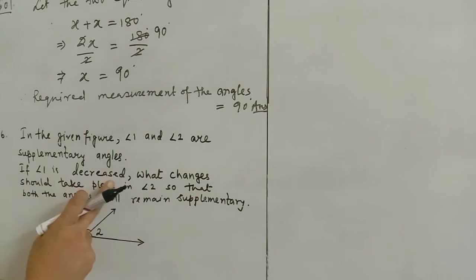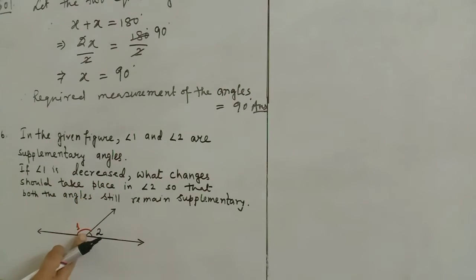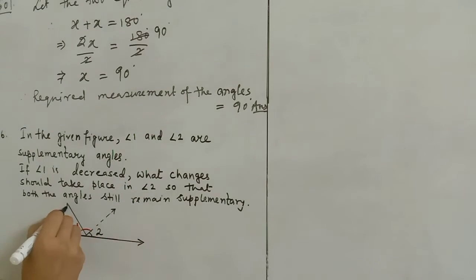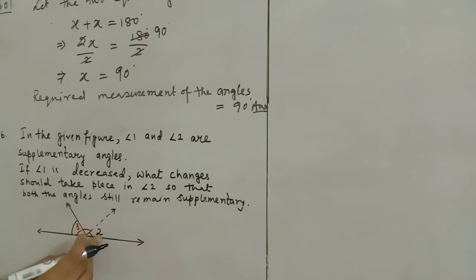If angle 1 is decreased, then what changes will take place in angle 2? Think about it. If I change this side and draw it in this way to decrease angle 1, then you can see that angle 1 becomes smaller than the previous one, which I marked in red color. And what change can you see in angle 2?